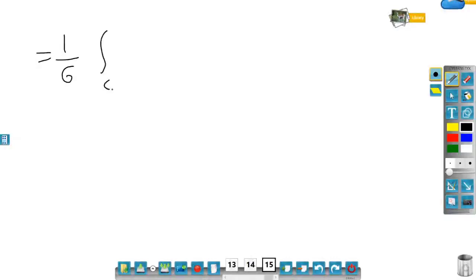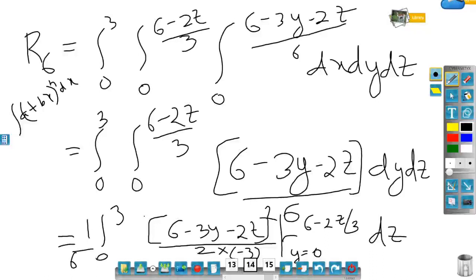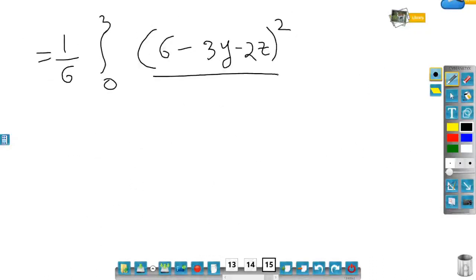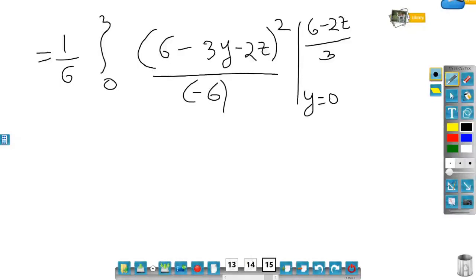1 by 6, 0 to 3, 6 minus 3y minus 2z whole square. In the denominator, what else did I have? 2 into minus 3, so minus 6, and y changes from 0 to 6 minus 2z divided by 3, dz. Okay, so if I substitute y as 6 minus 2z by 3, the 3 will get cancelled.